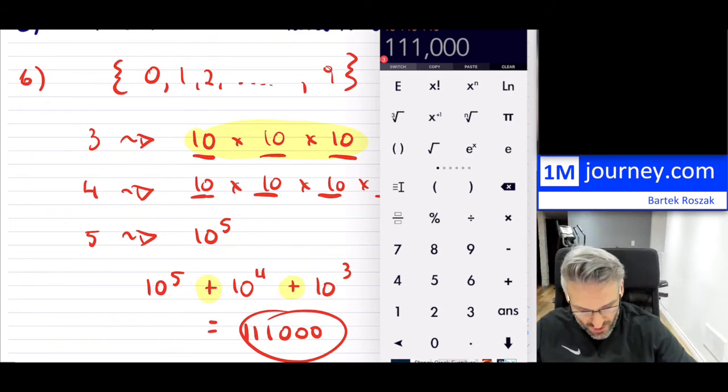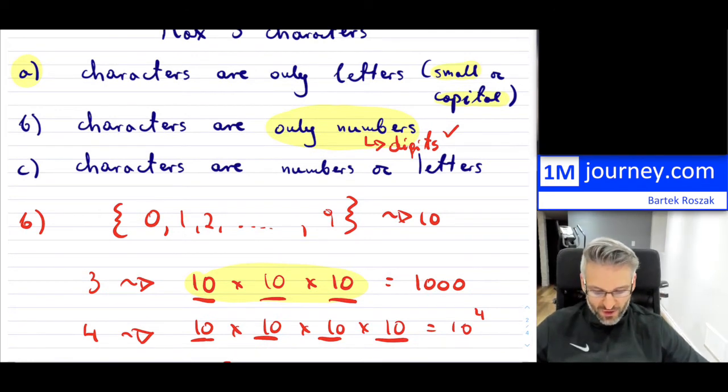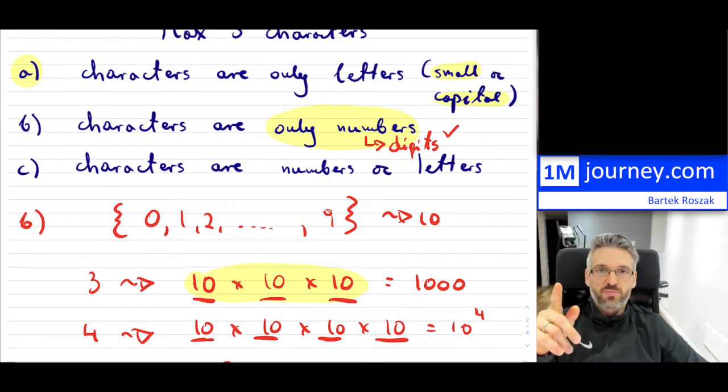Now, of course, how about if all the characters are numbers or letters? If they're numbers or letters, well, in terms of letters, if they're small and capital, that's 52 possibilities. Plus the numbers, that's an additional 10.